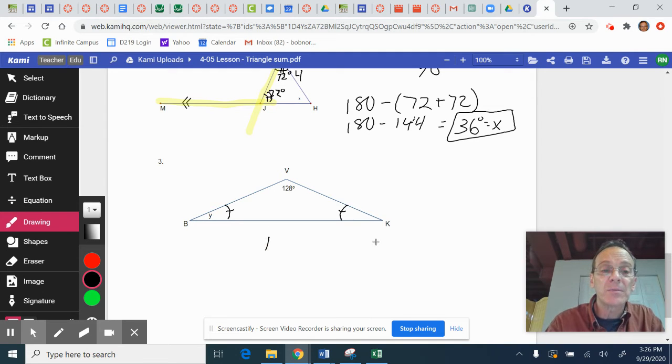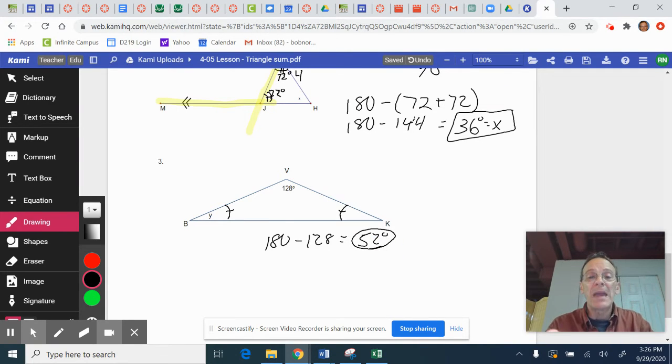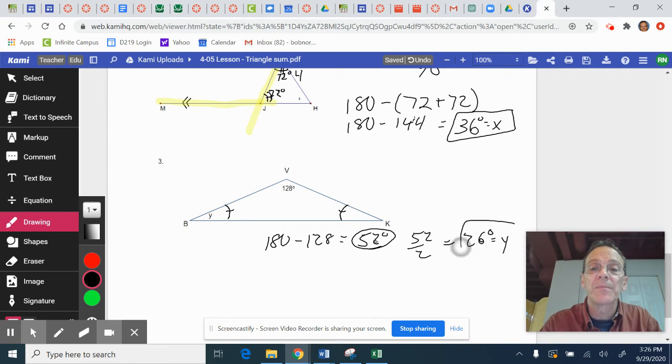You might subtract from 180 the 128 and get 52 degrees and say to yourself, that 52 degrees is what remains to be split between these 2 angles, and it must be split evenly because the angles are marked congruent to each other. So divide the 52 in half, and you get 26 degrees for this angle Y and for that angle over there. And that solves that problem.